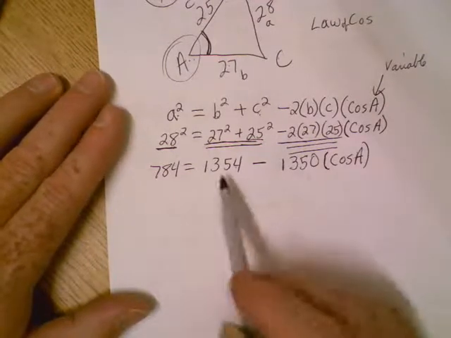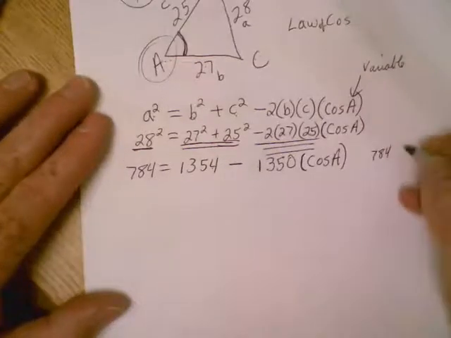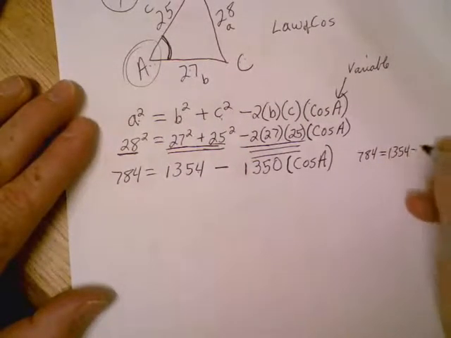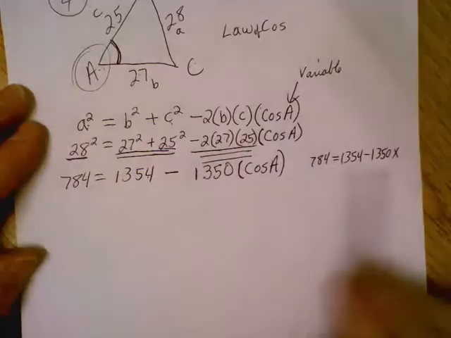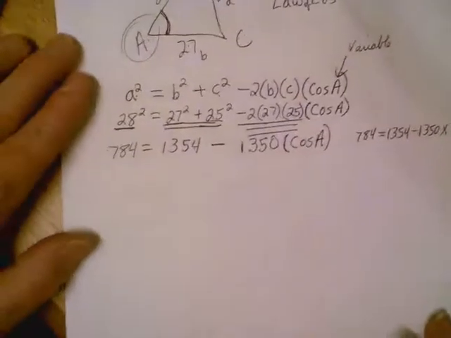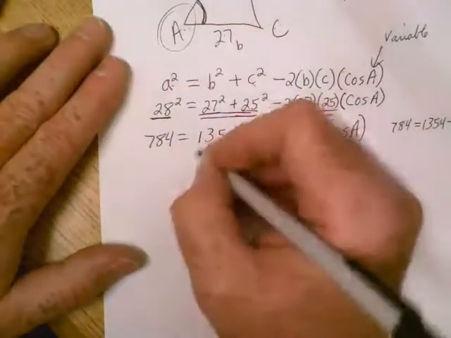Then I've got to just solve it. So this is like saying 784 equals 1354 minus 1350 times x. And you'd solve that just like you solved equations all through algebra and all this year in geometry. So first thing I'm going to do is whatever this number is, I subtract it on both sides.